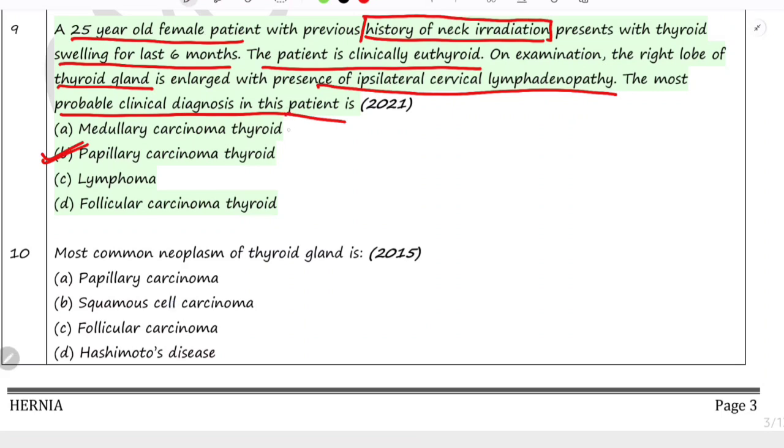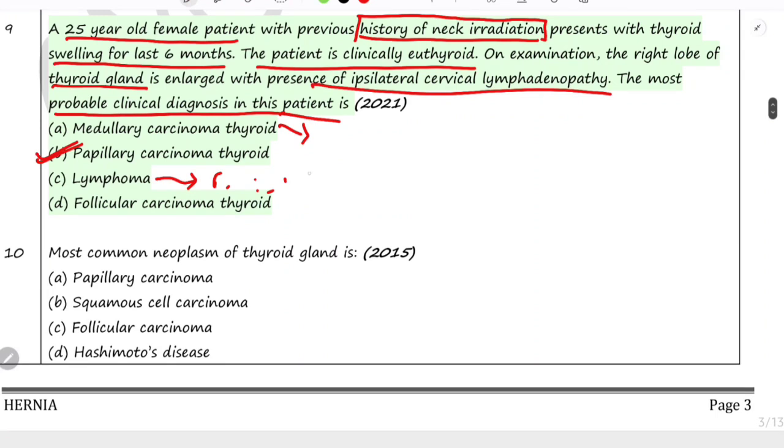So medullary carcinoma, why is this not the answer? Because it is often associated with genetic conditions like MEN2 and does not have the same association with radiation exposure. Lymphoma, while it can present with thyroid mass, typically presents with more systemic features like fever, weight loss and night sweats, and it is less likely to be associated with a solitary thyroid nodule.